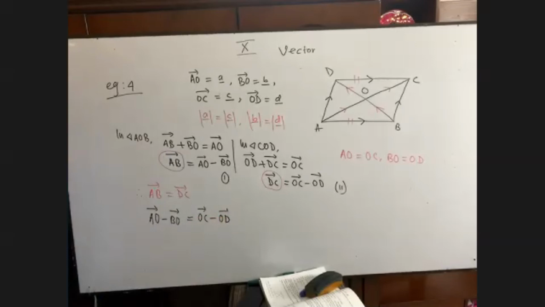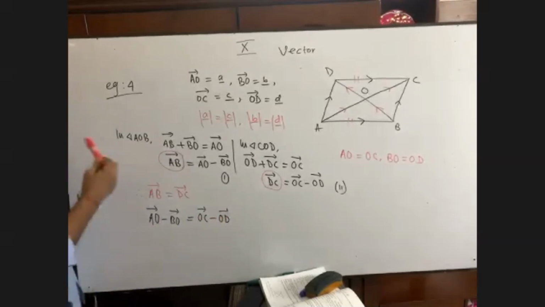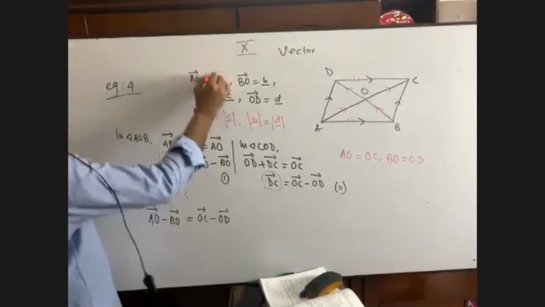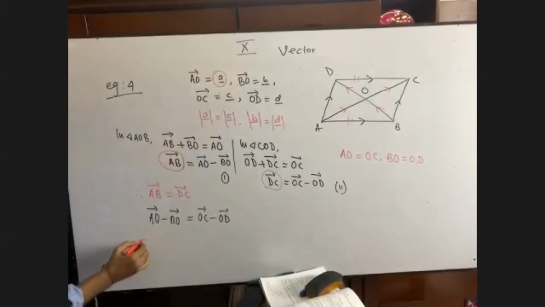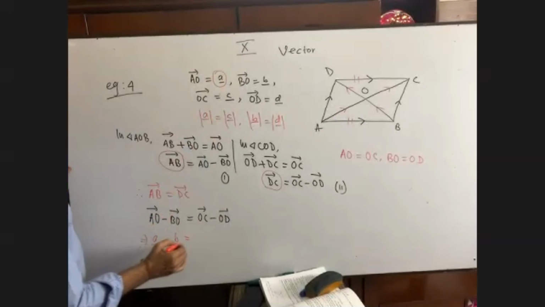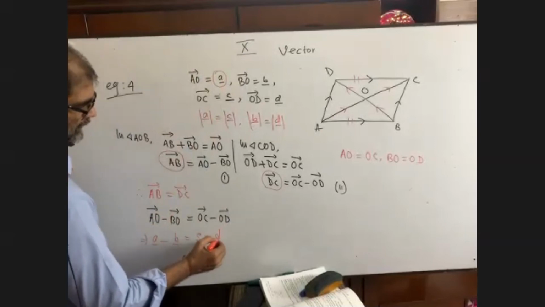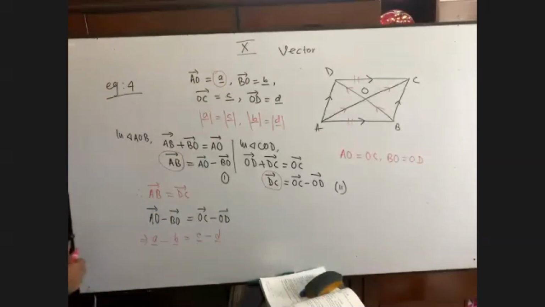Now you see what is the value of AO. Value of AO is A. What is BO? BO is B. What is OC? Is C. What is OD? OD is D. You come up to this.